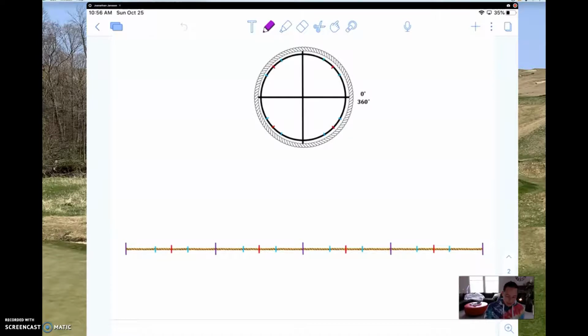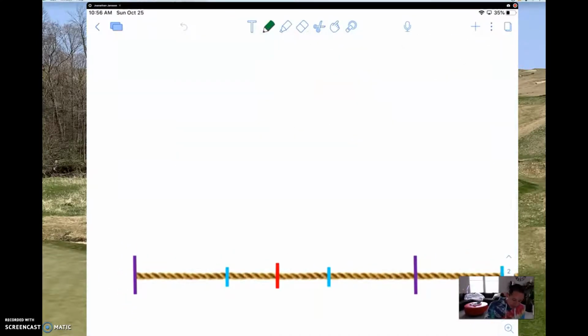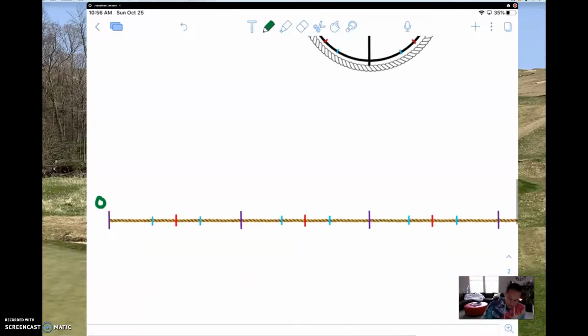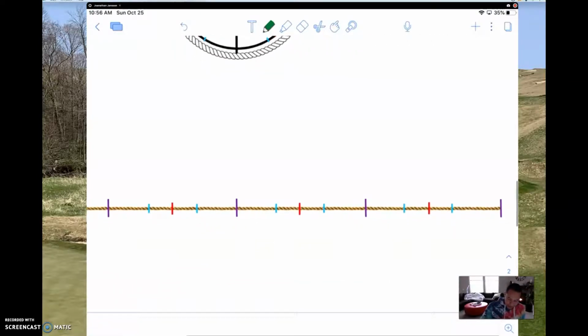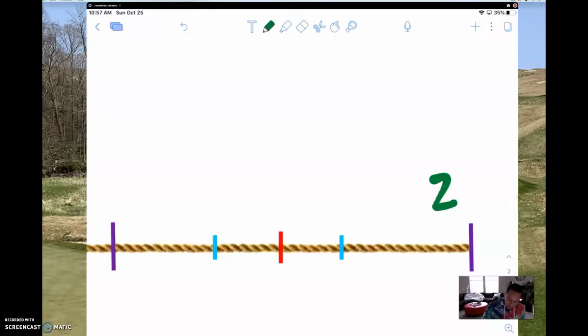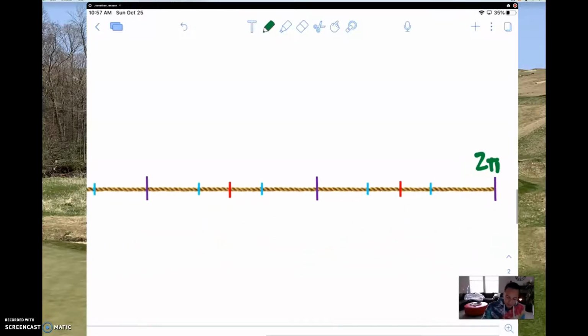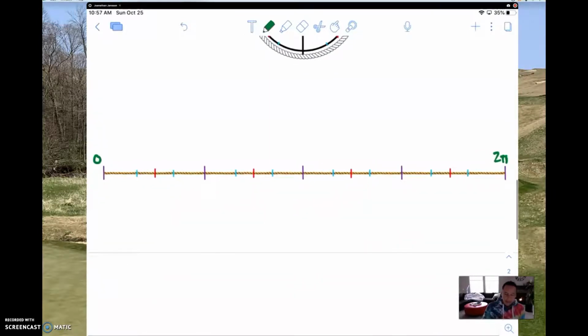So I'm going to start with, let's use green. This is 0 radians. And all the way to the end is 2 pi radians. So remember how we talked about the radian measurement is just how far it went around the unit circle, and that total length around one time was 2 pi.